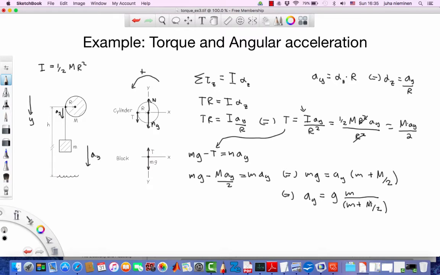On the other hand, if the mass of the wheel is really small, negligible compared to the mass of the block, then this term here goes to 0, and the acceleration approaches the value of g. Hence, the block would just be in free fall, which is what we expect.